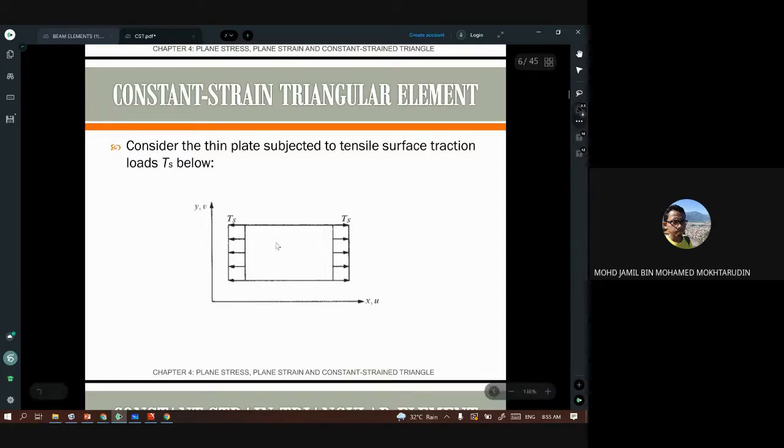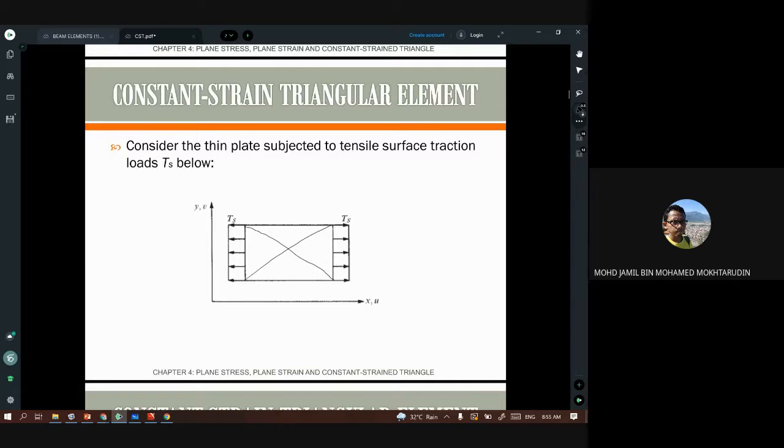We can study this using the finite element method by discretizing the plate into smaller elements. For example, we can separate the plate into 4 triangles.